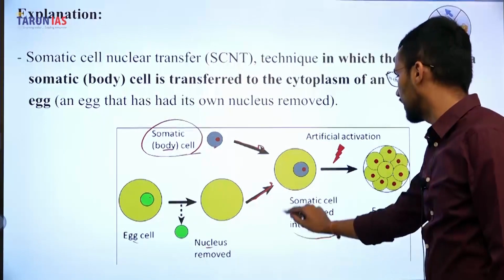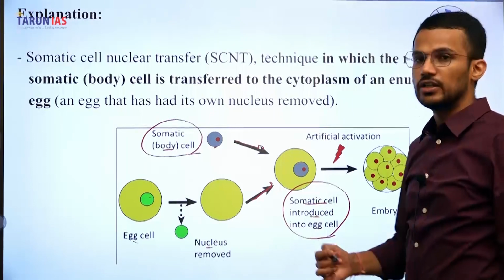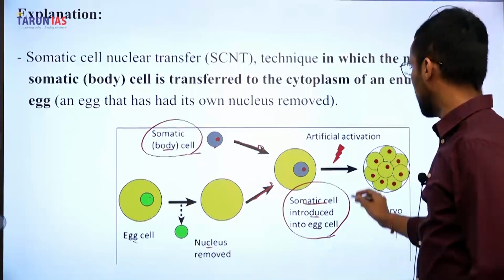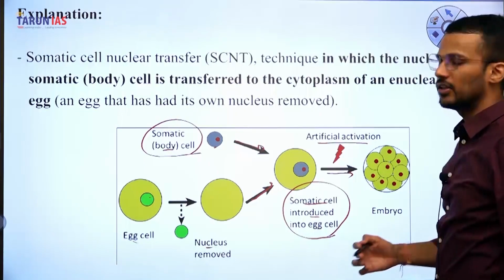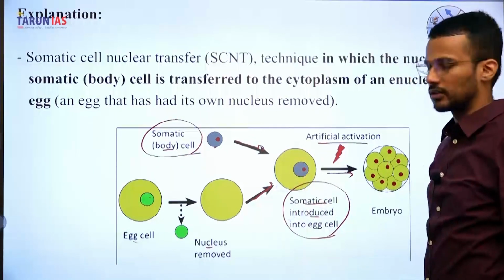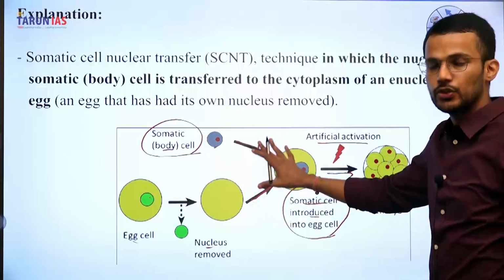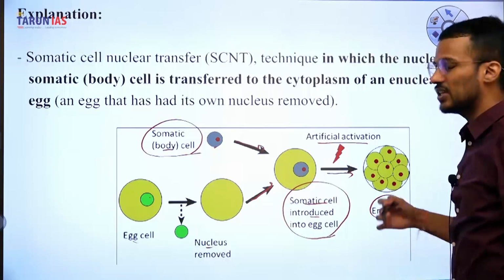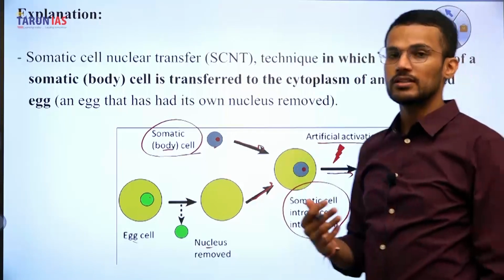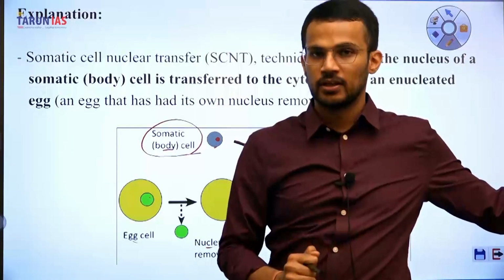So after this, we get a somatic cell nucleus introduced into the egg cell, as a result of which, if we carry out artificial activation of this egg cell, we will be able to get an embryo which consists of the nucleus coming from the somatic cell, right?